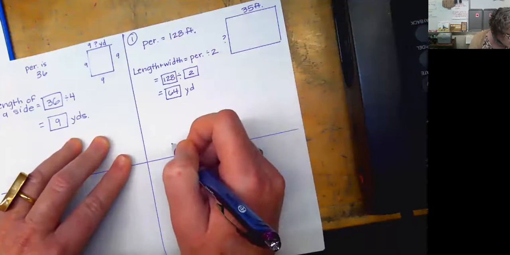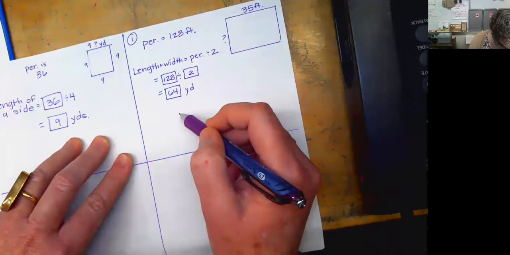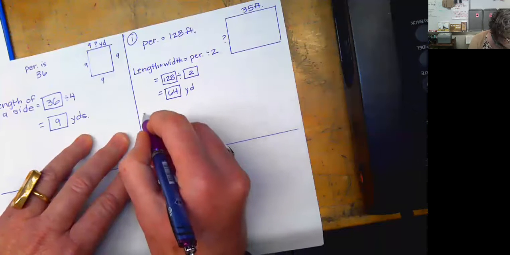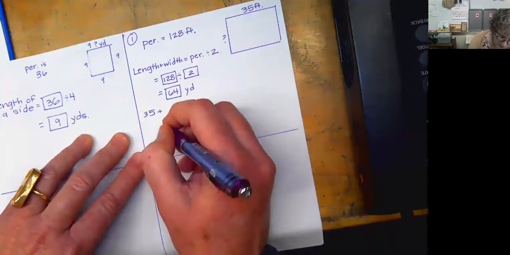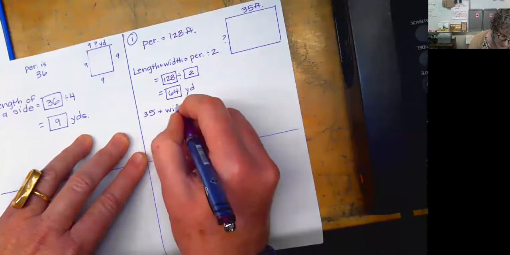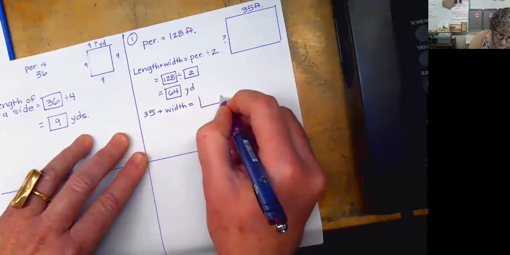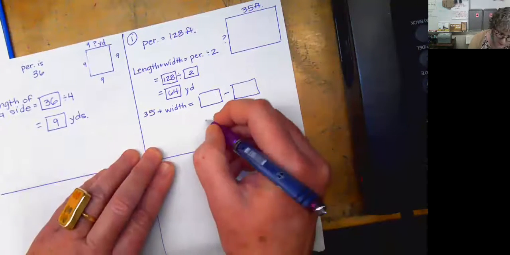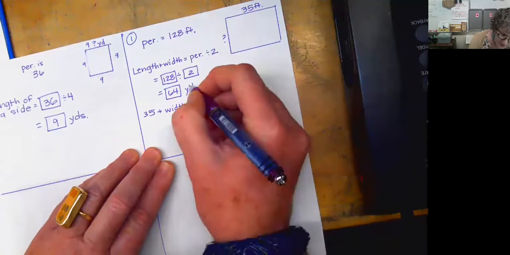And then what I'm going to do is take 35 plus the width equals, I'm just drawing in the same green boxes, and unfortunately I wrote yard there.